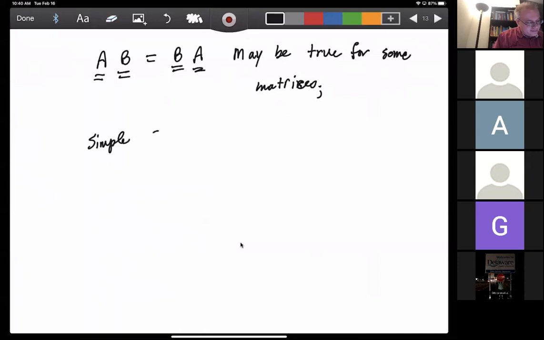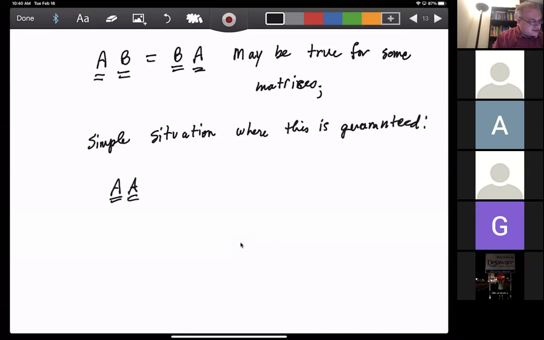There is a simple situation where commutativity is guaranteed, and that's when your matrices are the same.